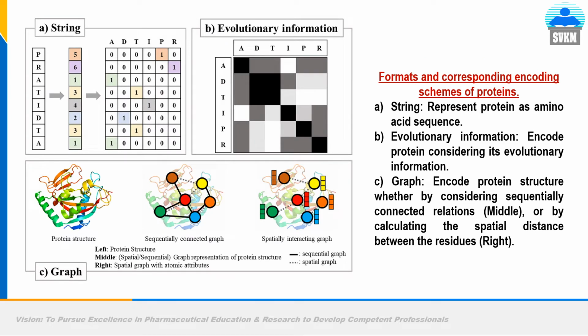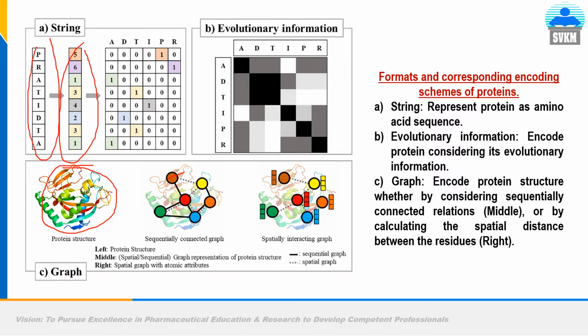Another image from the same paper shows formats and corresponding encoding schemes of proteins. A is string, this is the protein sample. Here you can see the data of protein, that is amino acids. String represents proteins as an amino acid sequence. B is evolutionary information, which encodes protein considering its evolutionary information. And C is graph. It is very interesting. This is the structure of protein in 3D fashion, and this is a sequentially connected graph.